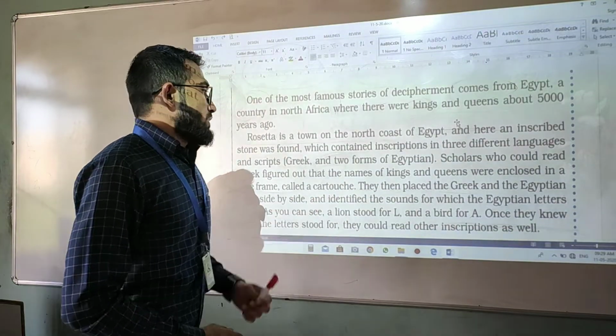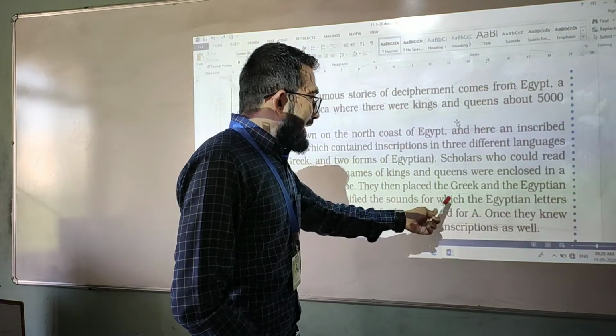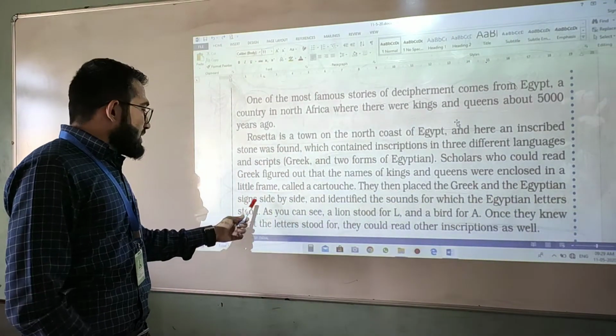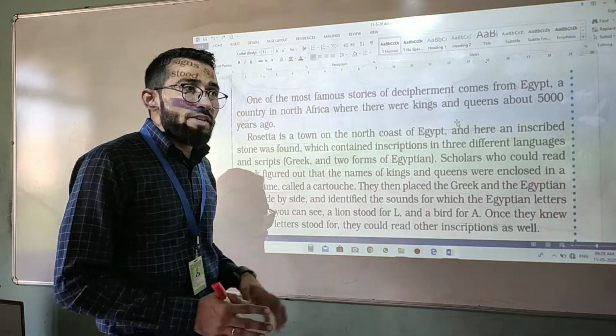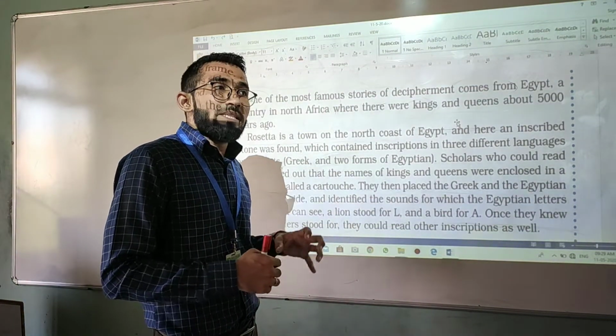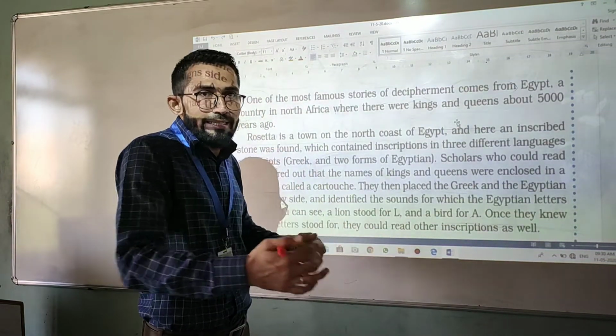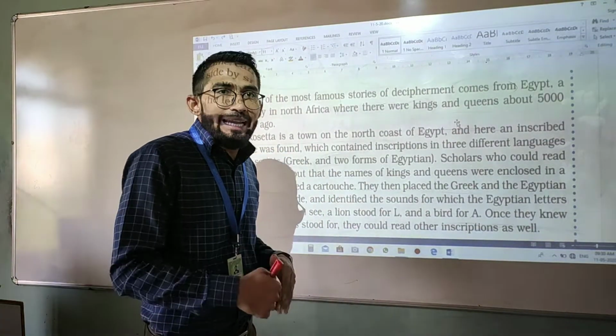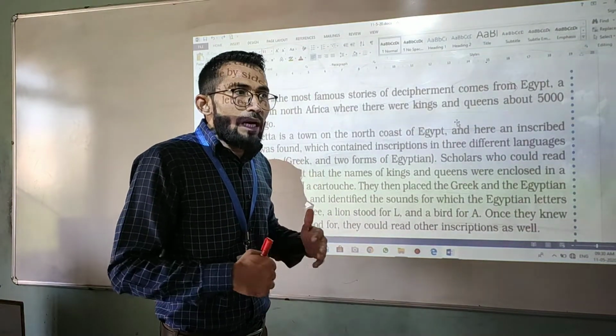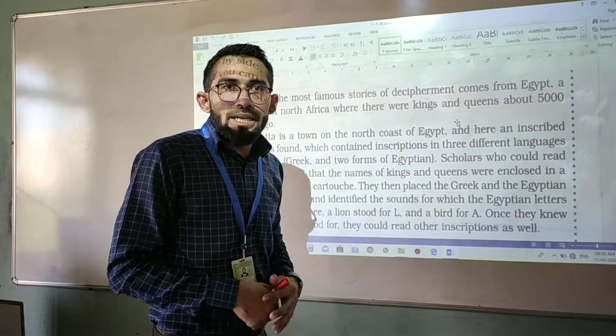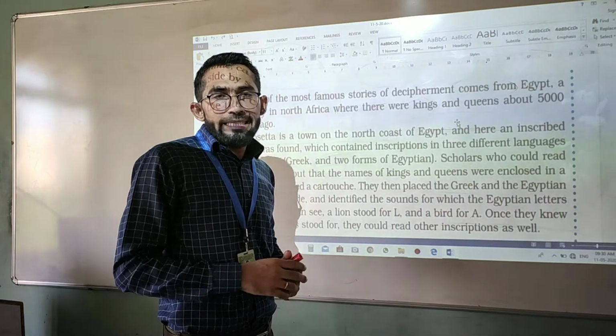Called the cartouche. They then place the Greek and Egyptian signs side by side. Then as they begin to understand the signs, they start writing them in a sequence order. Like when we are writing our name, we know the alphabet A, B, C, D, but how to write an individual's name?